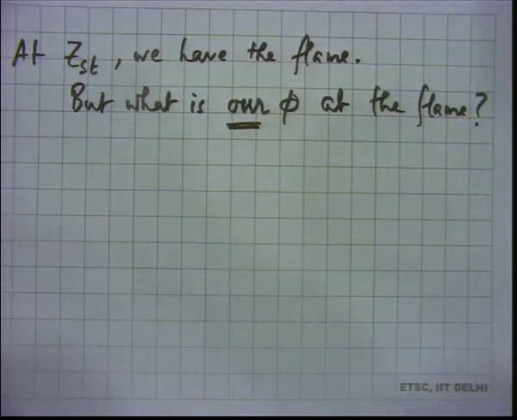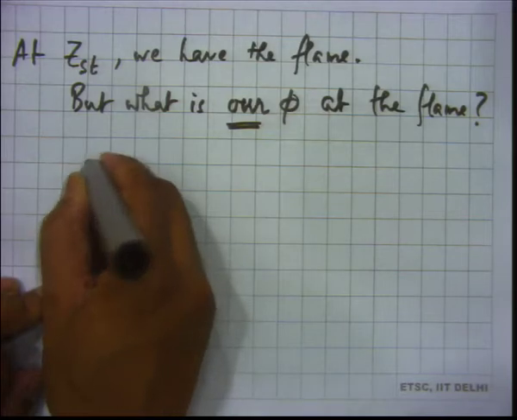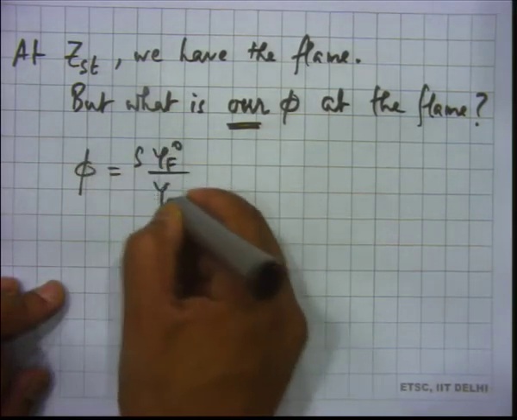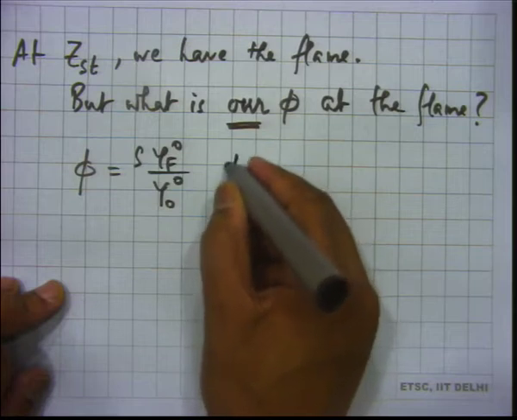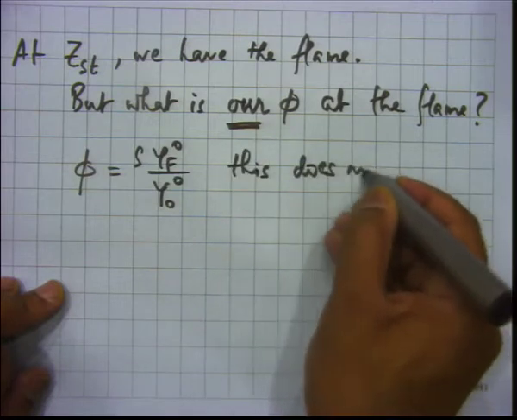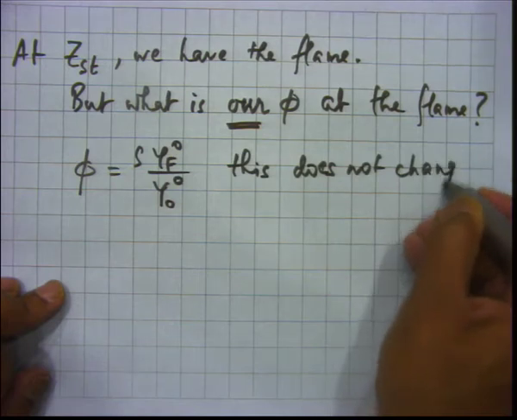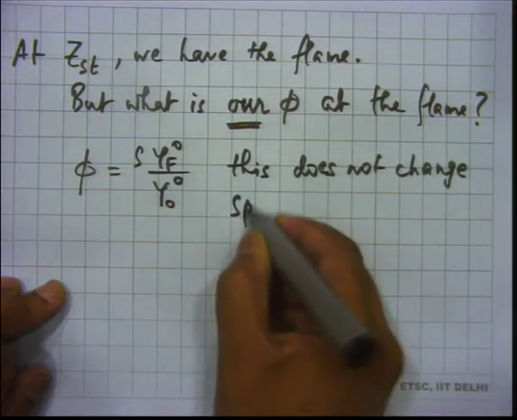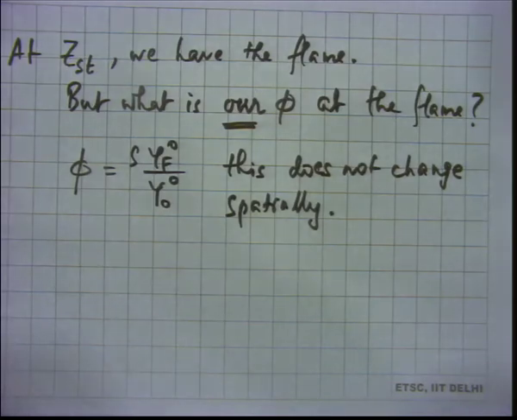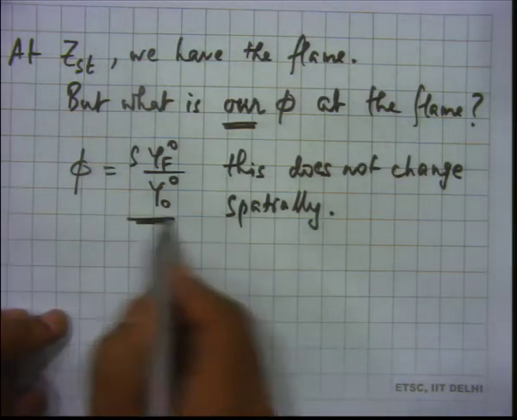Is it 1? No, because our phi is S times YF naught by YO naught, and this does not change spatially. This is a fixed number.